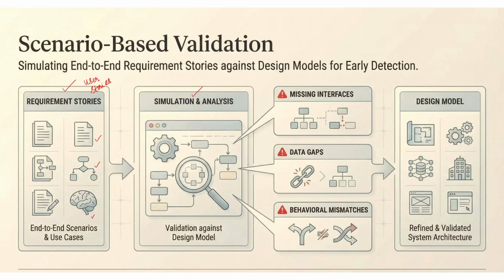When you do the simulation, you can come across three things: missing interfaces, data gaps, and behavioral mismatches. What exactly is a missing interface? You might have more than one module, and there will be a miss in interfacing one or more modules, which is actually necessary.